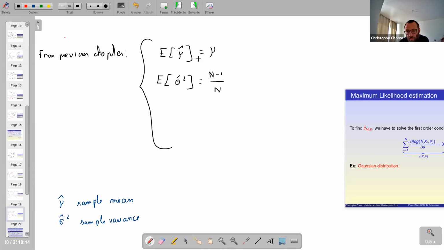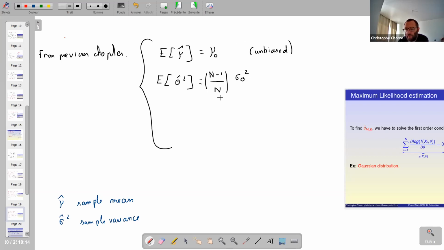So here the expectation of mu hat is mu 0, the true parameter. The expectation of sigma hat square is n minus 1 over n sigma 0 square, mu 0 and sigma 0 being the true parameters.